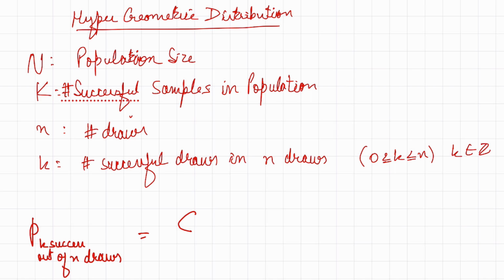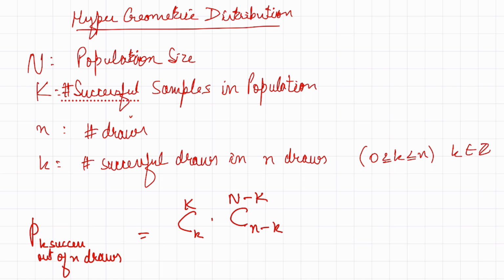So we choose from capital K, small k items, and because in our draw we want just k items which have to be successful, no more, no less, the remaining ones have to be from the non-successful items in the population. So it becomes N minus K choose n minus k. Again, N minus K is all the non-successful samples in the population, and in our draws we want n minus k non-successful draws, so we choose n minus k.